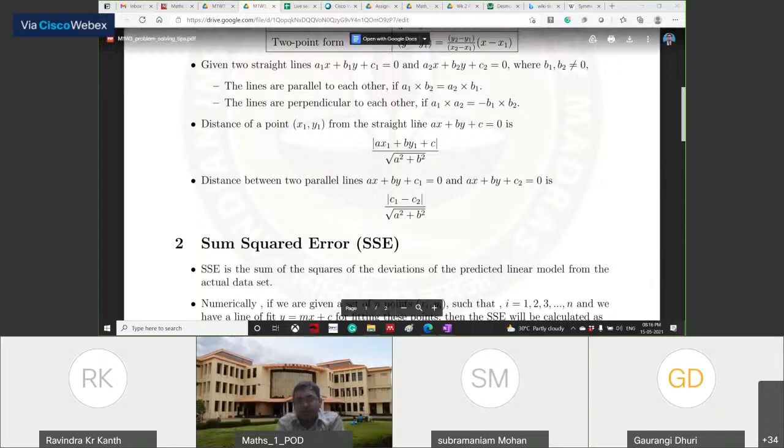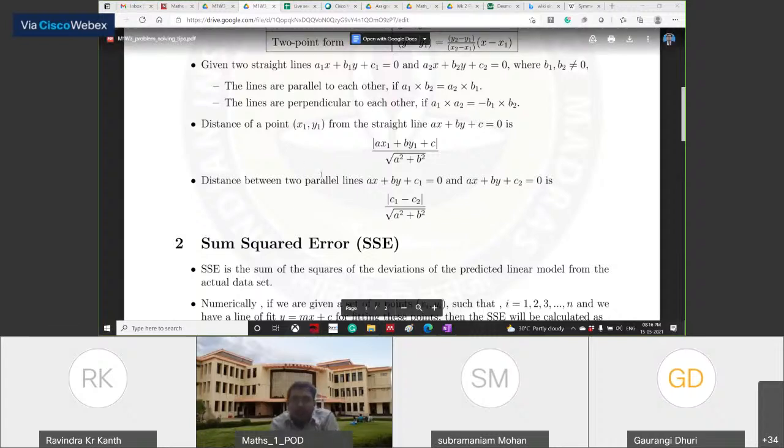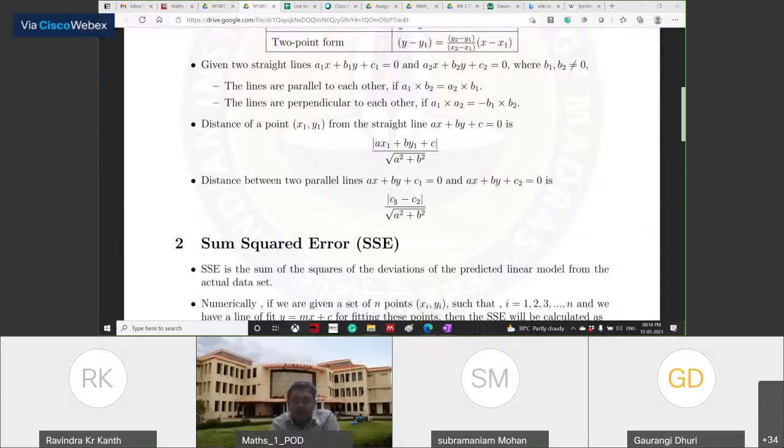The distance between two parallel lines, ax plus by plus c1 equals to 0, and ax plus by plus c2 equals to 0. That will be again another formula, the distance between two parallel lines.